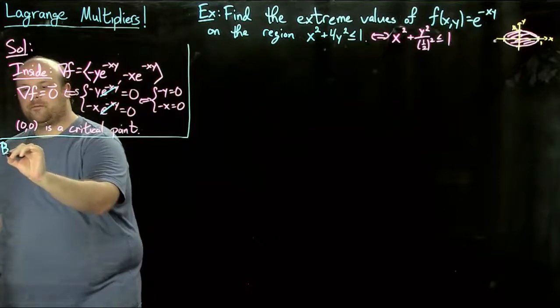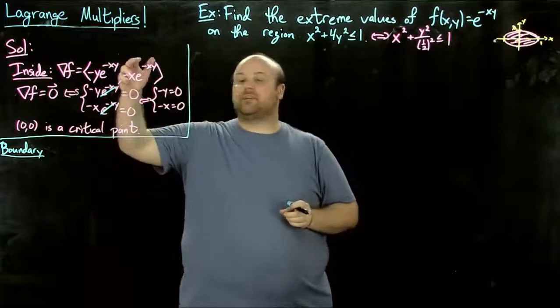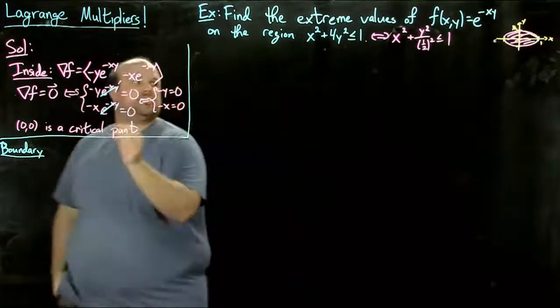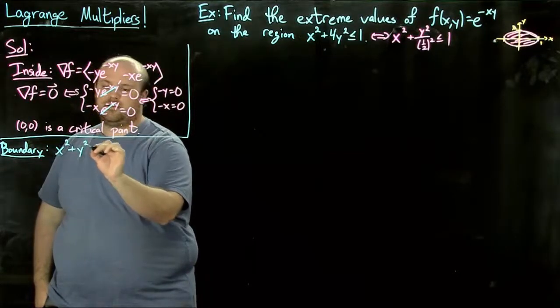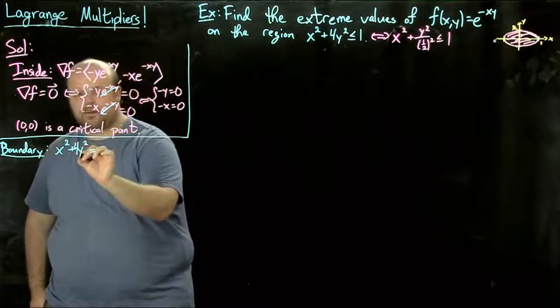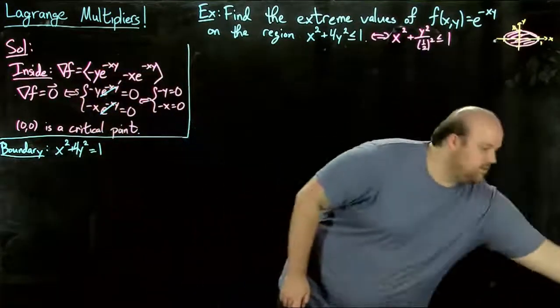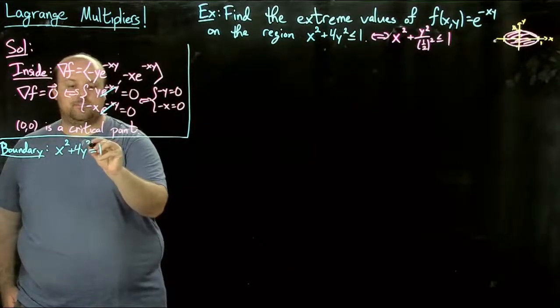Well, the boundary. So we have our function f, and actually we've even already computed the gradient. Now the boundary is just x squared plus 4y squared equals 1. All right? x squared plus 4y squared equals 1 is the boundary.